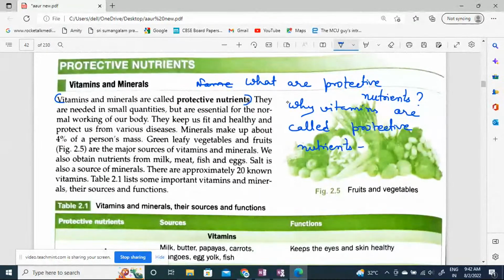Because they keep us fit and healthy and protect us from various diseases. In Corona, there was a rush to get vitamin C, remember? Vitamin C, vitamin C, vitamin C. They'll all crowd everything up.